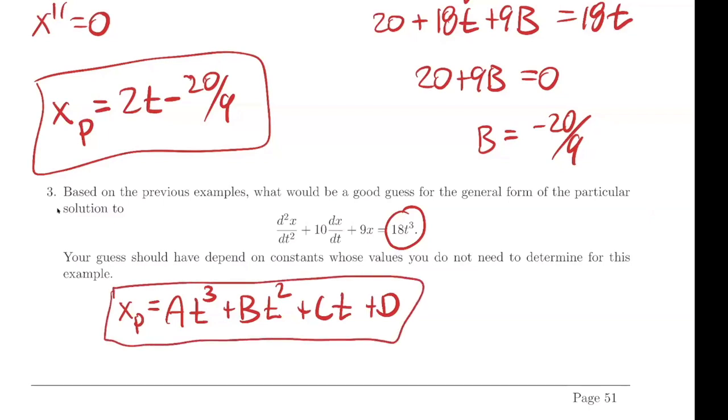And then we're going to take this and plug it into the differential equation, and we would get a corresponding system of 4 linear equations and 4 unknowns that we would have to solve for A, B, C, and D. Not going to do that here. Definitely not going to ask you to solve one that has more than 3 undetermined coefficients on an exam, for sure, when you have some time.